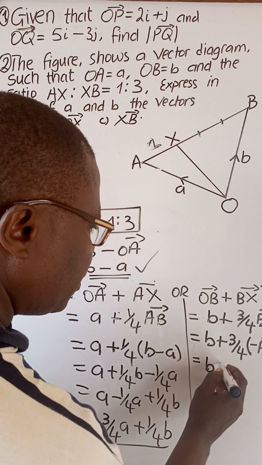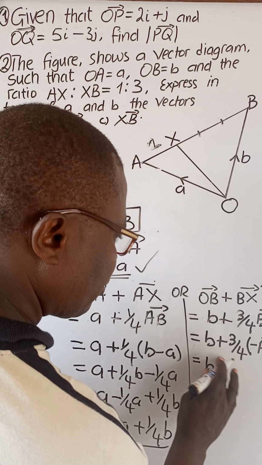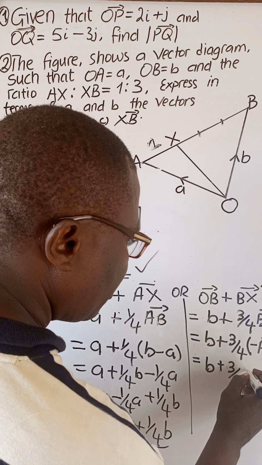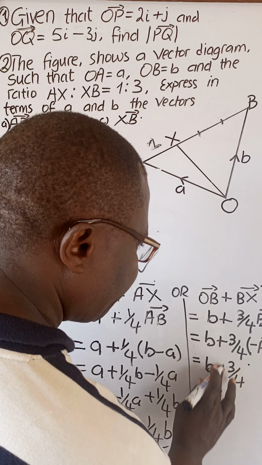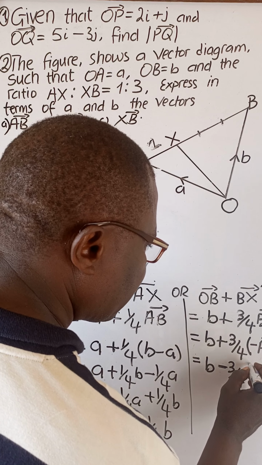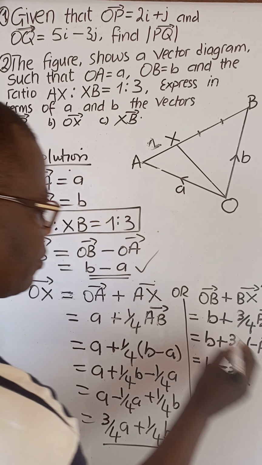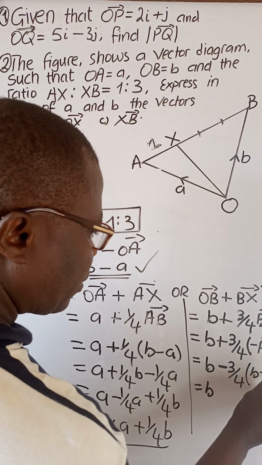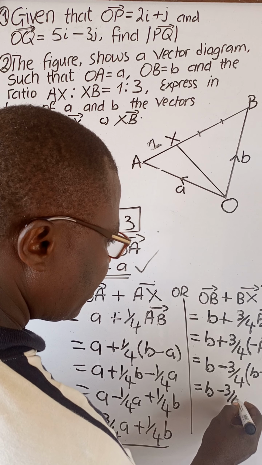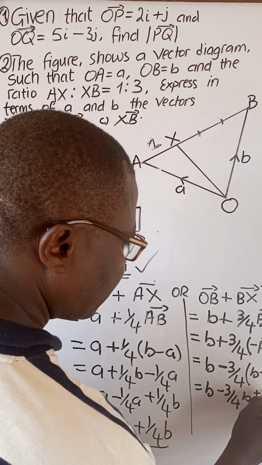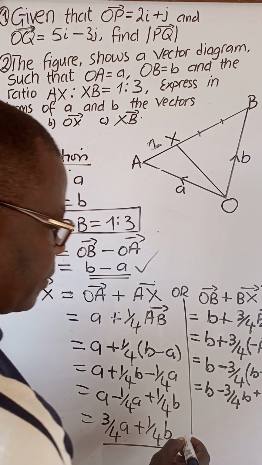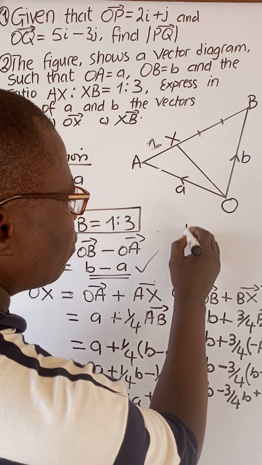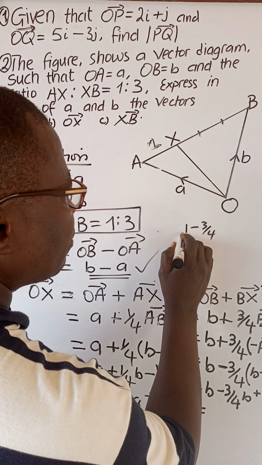Now this gives us B plus 3/4 of negative AB. Pay attention, plus minus becomes negative. This is AB again, B minus A. So this gives us B, open another bracket, negative 3/4 B, negative negative positive 3/4 A. Now, B minus 3/4 B is simply 1/4 B. We can make this one also a fraction.